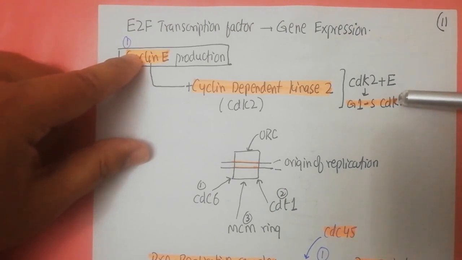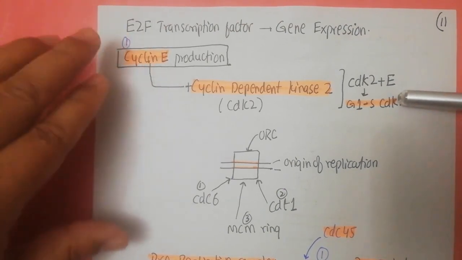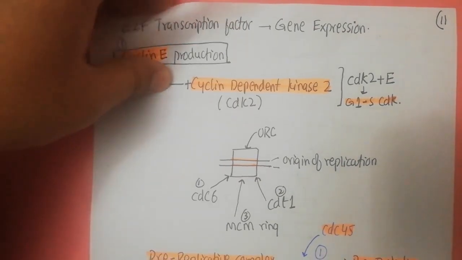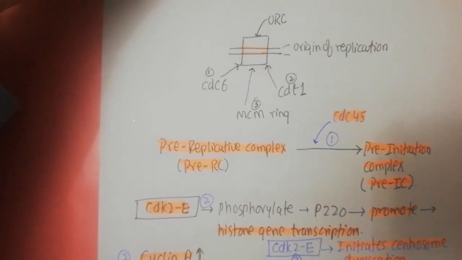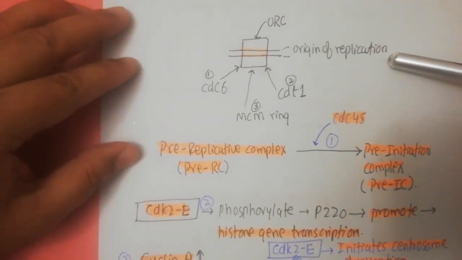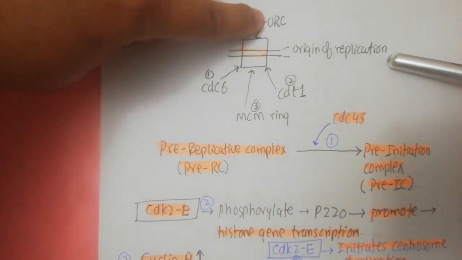Now when this G1-S CDK complex is formed, what are the functions of this G1-S CDK? If you remember, I've told you that at the origin of replication you have this protein complex known as the origin recognition complex, and these origin recognition complexes are actually working as a docking site for a lot of proteins.